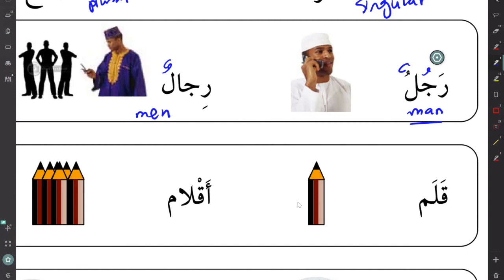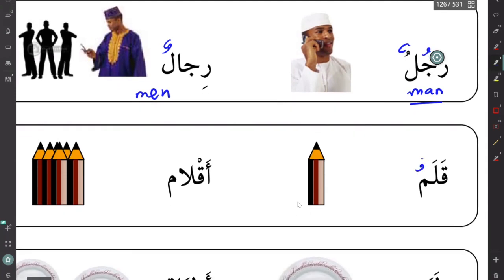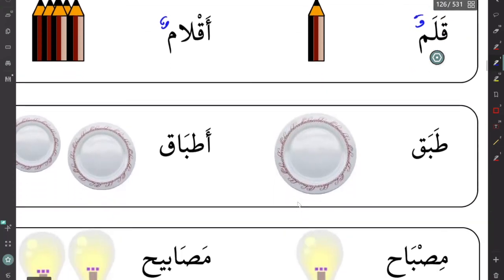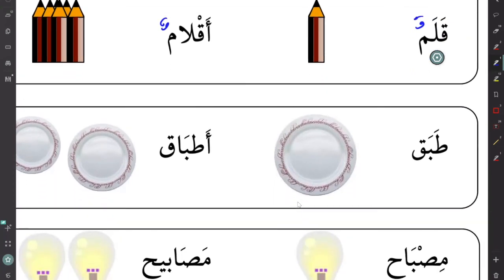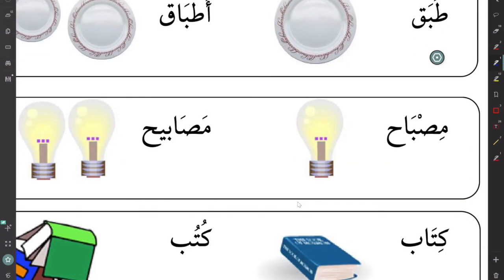So rajulun, rijalun, and both of these words are in the Quran. Qalamun, aqlam. Tabaq, atbaq. Misbahun, masabih.